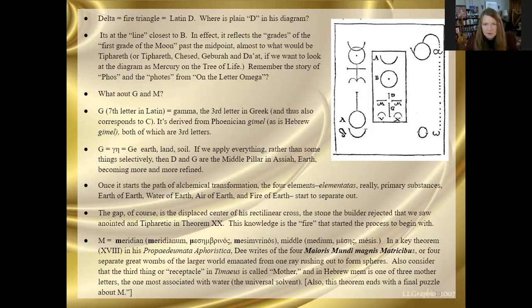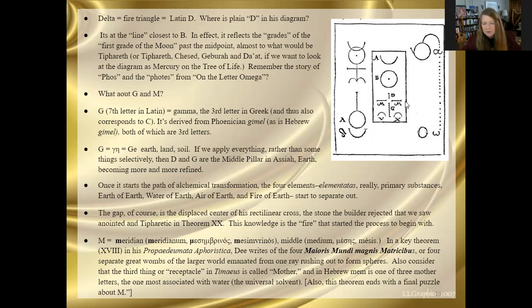And since they work in English also, they're things like meridian. This is meridianum in Latin, but this is a mu, which corresponds to M in Greek. The same is true with middle. So this is the midway point up.